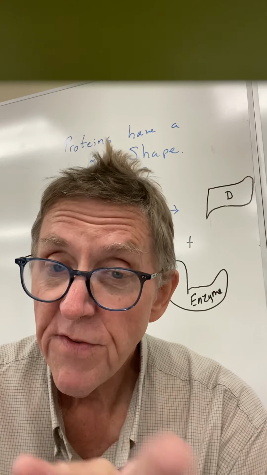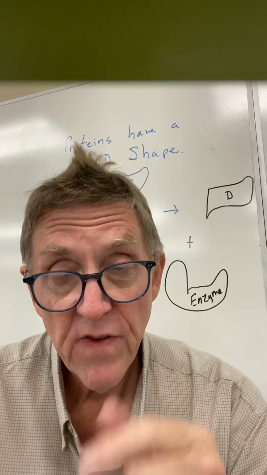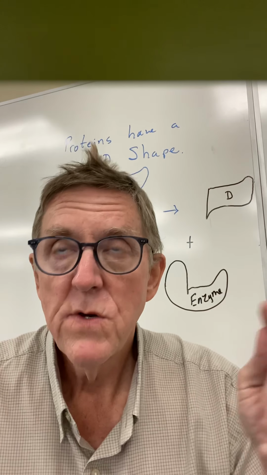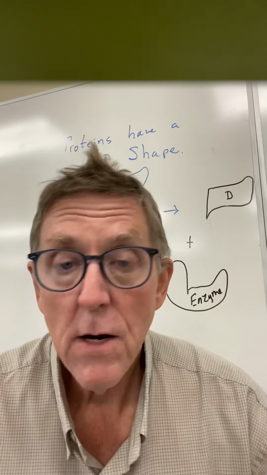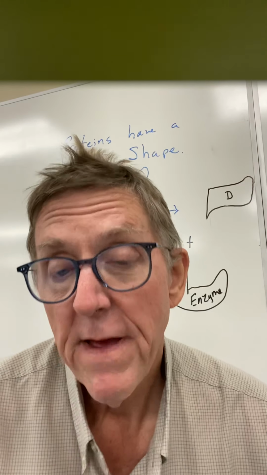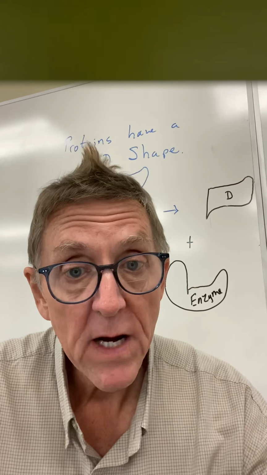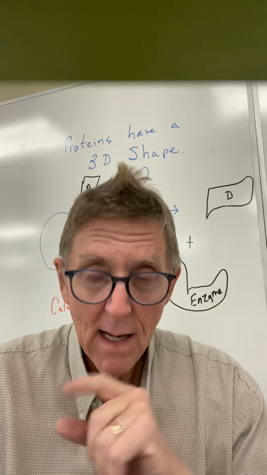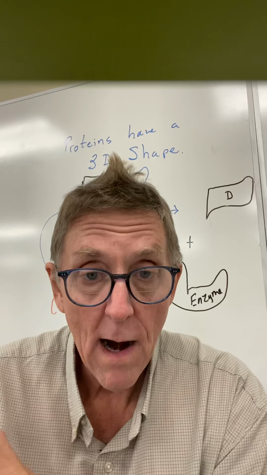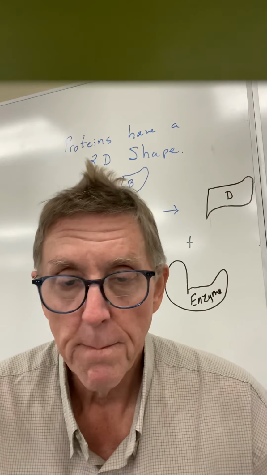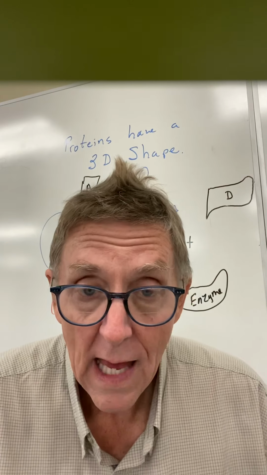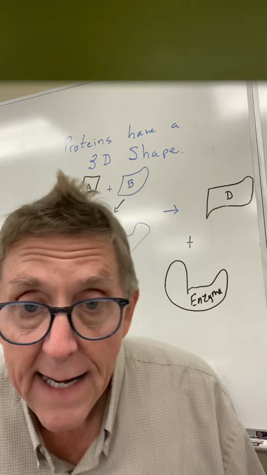So what do we say about this? We say that enzymes reduce the energy required, what they call the activation energy, for a chemical reaction. Let me say that again. Enzymes reduce the activation energy required for a chemical reaction. How do they do it? By holding the reactants together on their active site.